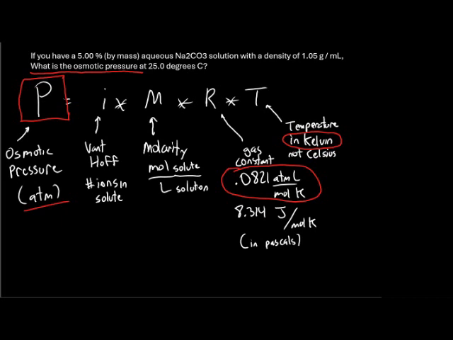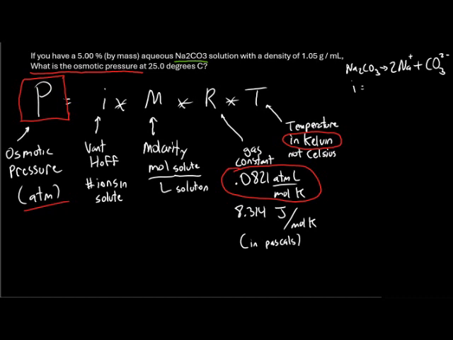Now we look on the right side of the equation. Let's look at the Van't Hoff factor first and examine the solute. Our solute is Na2CO3. If you've taken Chem 151 here, you'll know that is a soluble compound. It is a strong electrolyte and it will break into two pieces of Na positive and one piece of CO3 2 negative.